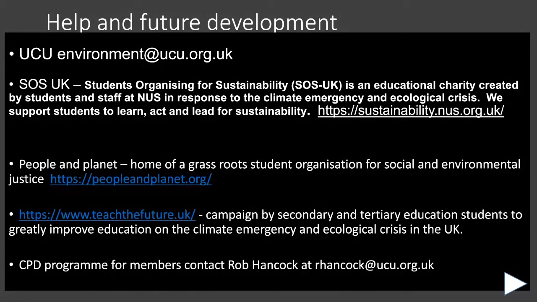And Teach the Future, I've just got to give a shout out because they're an extraordinary group of pupil and student activists who are doing quite astounding things in terms of their lobbying profile and trying to progress a Climate Emergency Education Act. They're fantastic, so do support any of their stuff.